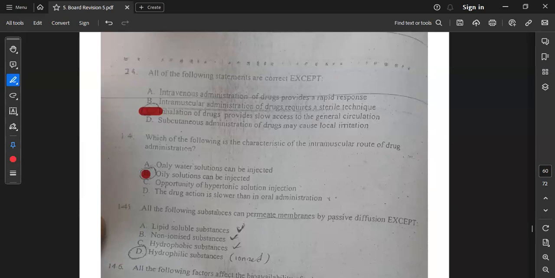So we only have small volumes, oily, and yeah, it's painful. Used for drugs that are too irritant to be given subcutaneously.